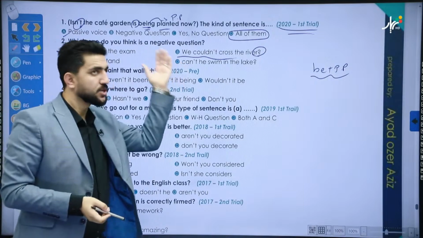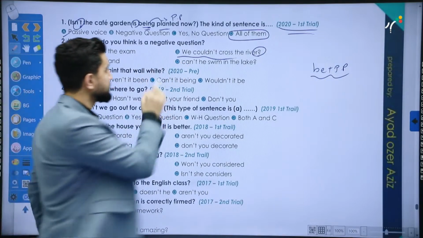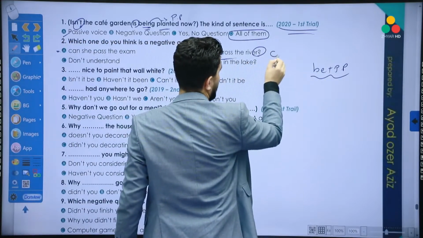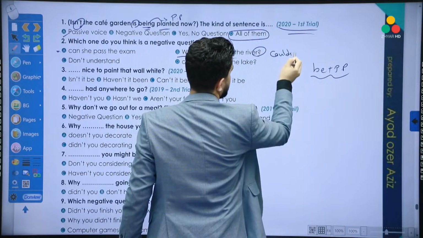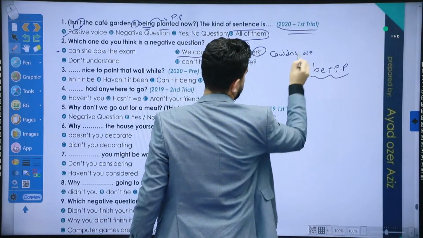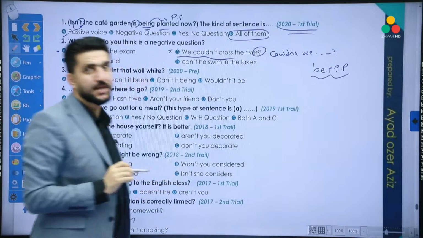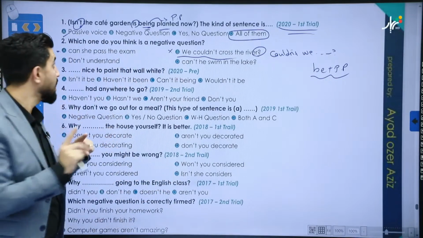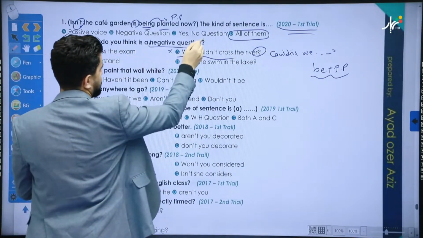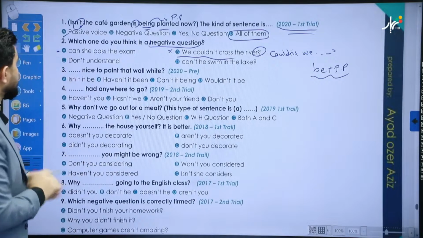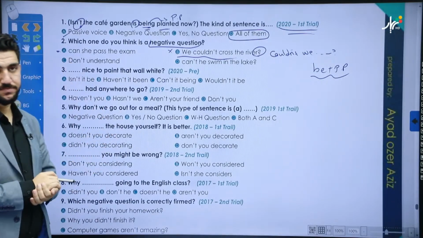Do we start questions like this? It must have been "couldn't we", right? So that means it's not. It is negative, but it's not a negative question. Okay, be careful.